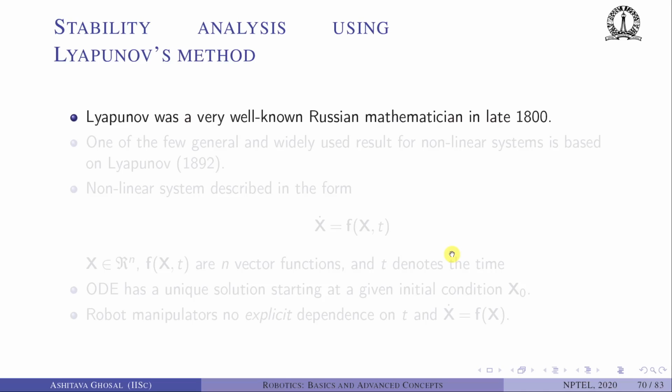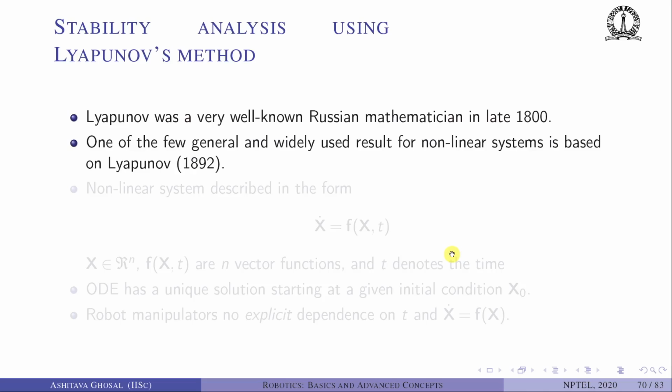He did his work and presented one of the few general and widely used results for nonlinear systems: how to analyze stability for a nonlinear system. This was presented in 1892, so more than 120 years back. And there has not been that much improvement on his results.